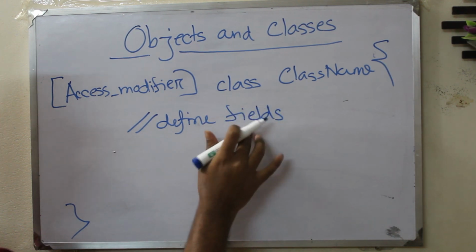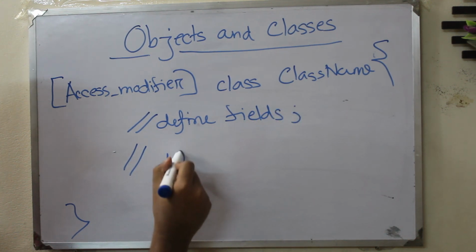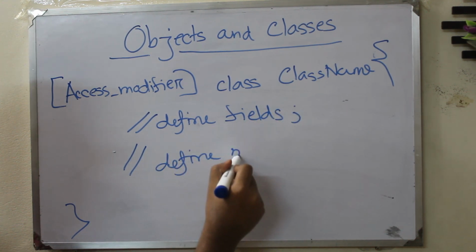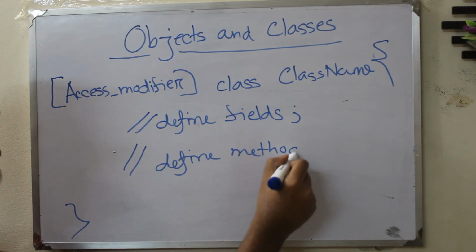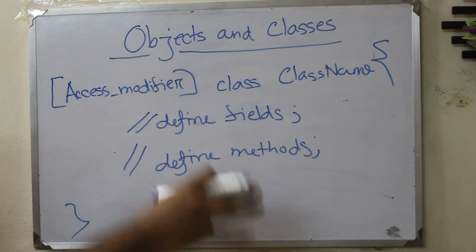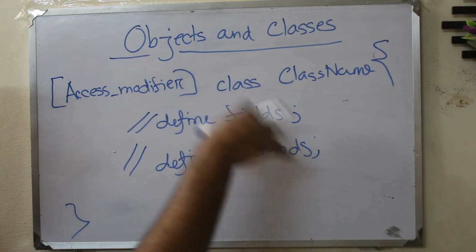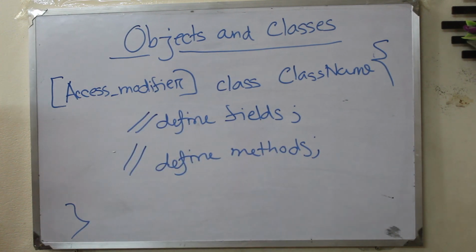What do you mean by fields? We're going to talk about it later. Okay? We also need to define some methods. Why have I commented these things out? Because this is not actual code. I'm going to give you an abstract idea of what should be inside a class. So this should be present inside a class typically.